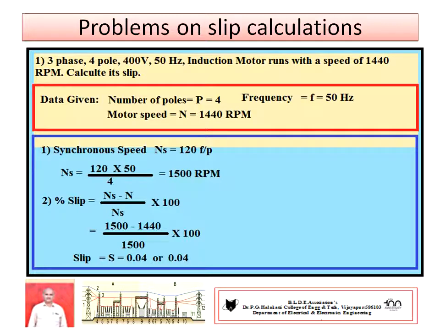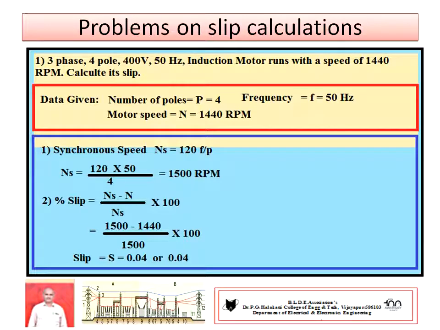What are the given things? Number of poles P equal to 4 is given, 1 point. Second point, frequency f equal to 50 Hz. Motor speed is nothing but rotor speed. Motor speed n equal to 1440 rpm.